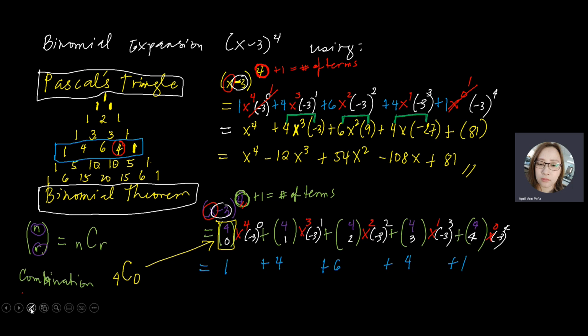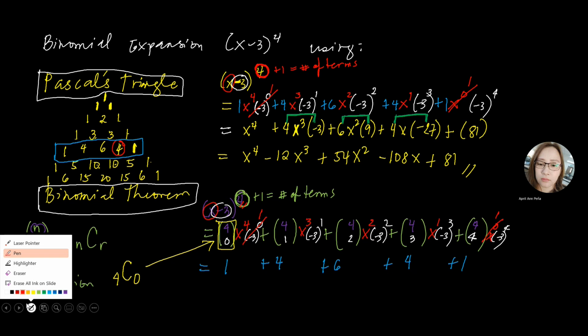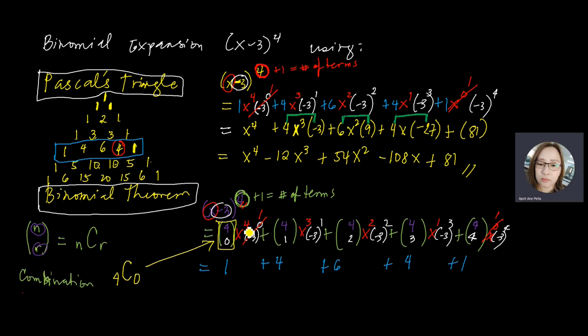All right? And then, with the first and second term, the x and the negative 3, you take a look at those that are raised to 0, so automatically it will become 1. So copying, we do have here x to the fourth, times 1, so that is x to the fourth.